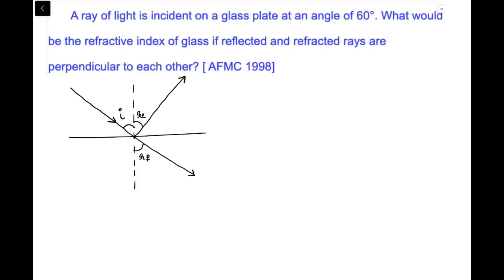Now what's the point? Brewster's law says that at a particular angle, when the light ray hits the medium, the reflected light ray will be plane polarized. Not only that, once that happens, the reflected light ray and the refracted light ray make an angle of 90 degrees.